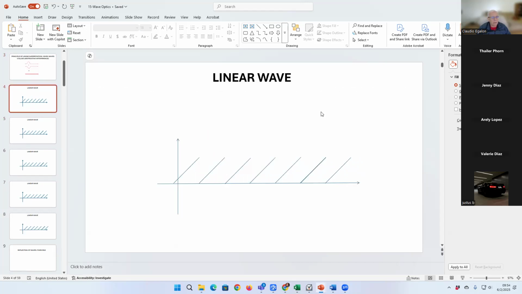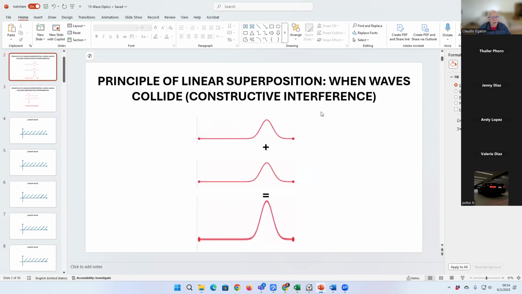Here we have another type of wave, this pulse, that can be moving either from the left to the right or from the right to the left.